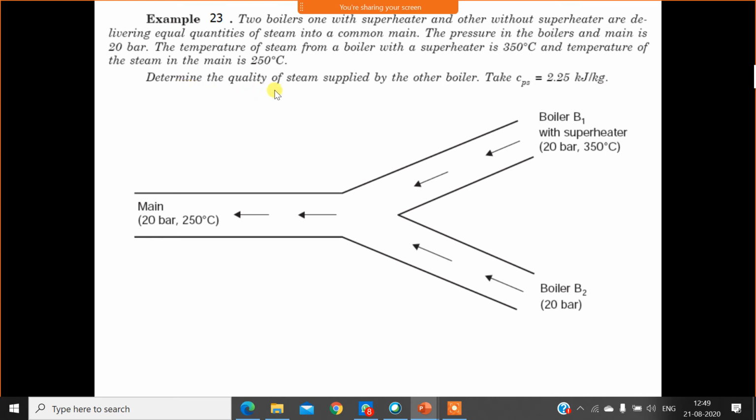We have to determine the quality of steam supplied by the other boiler. That means we have to calculate the dryness fraction of the steam supplied by the second boiler, B2.